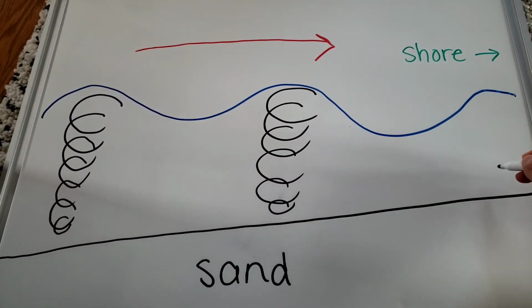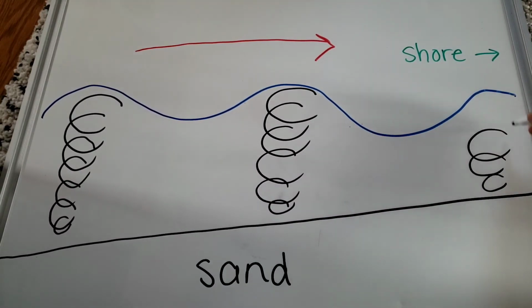And so on and so forth as the wave gets closer and closer to the shore. The height of the wave increases and the energy moves forward more slowly.